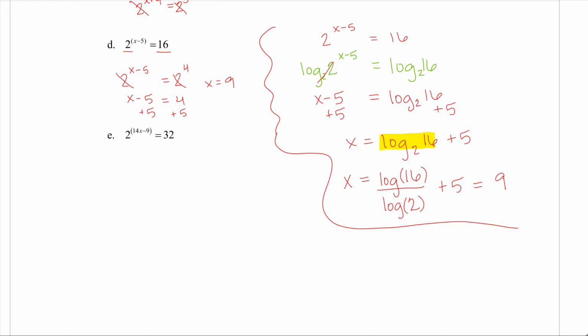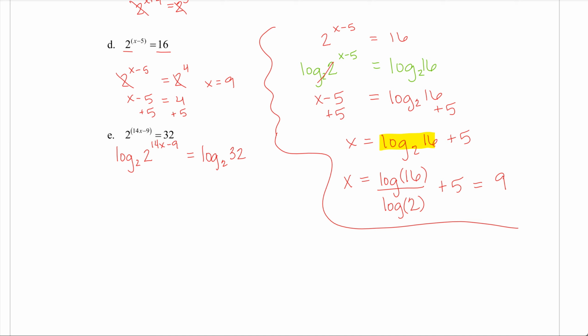So what I'll do is I'll say I need a log base 2 to cancel out that 2 to the power of, sorry, that's a 14x minus 9. And then I'll use a log base 2 of 32 on this side. So again, I use that log base 2 of 2 to cancel out that 2.